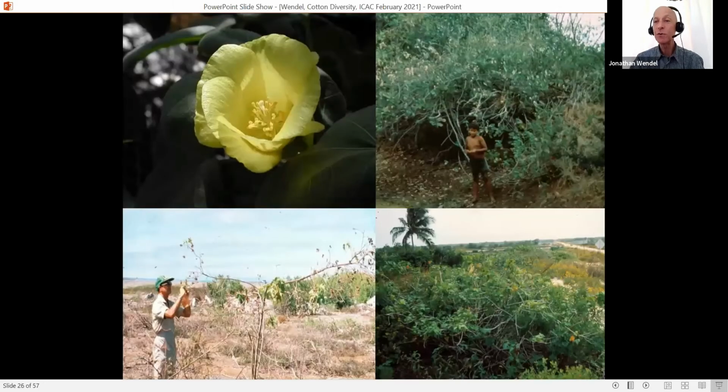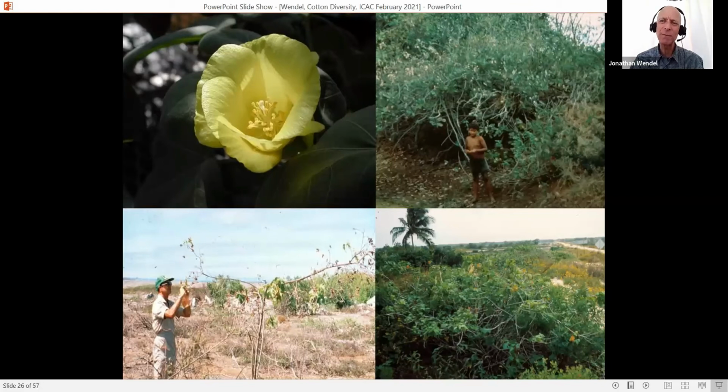What do those wild allopolyploids look like? Well, here they are. In the upper left, you have Gossypium tomentosum with its beautiful sulfur yellow flowers. This is endemic to Hawaii. It's a really interesting, kind of isolated species. In the upper right, you have Gossypium mustelinum from northeast Brazil. Only about a dozen populations are known.